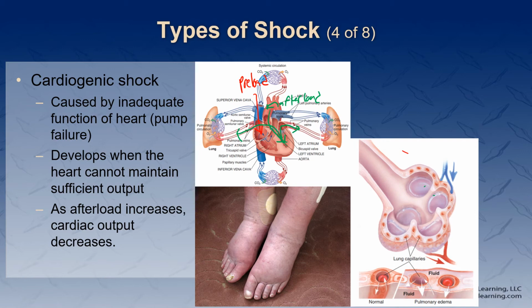And we talked about that microcirculatory level, right? If you've got your capillary beds in the lungs, the hydrostatic pressure should be greater on the arterial side and drive blood forward, and then the osmotic pressure should be greater on the venous side and pull fluid back in to get pumped along.